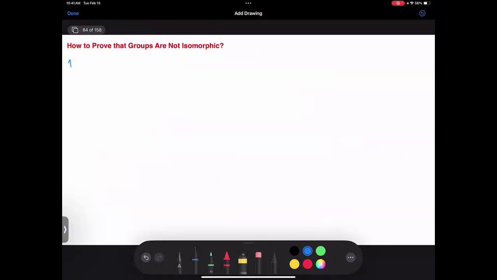So if they have different sizes, or different orders. Good, that's one way. What's another way? So one way is if they have different orders, they can't be the same. What else?